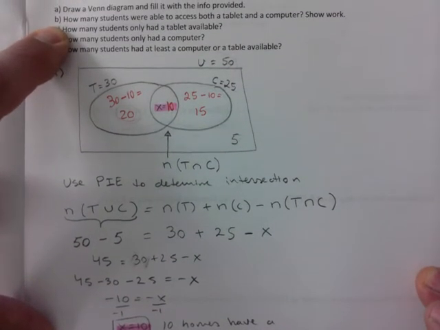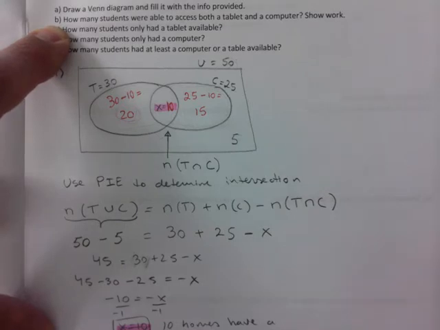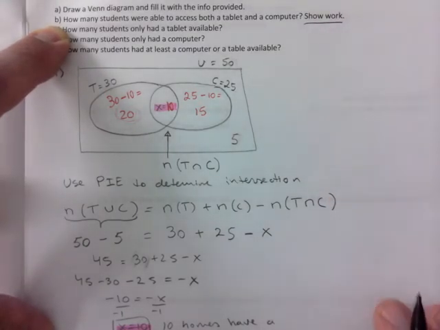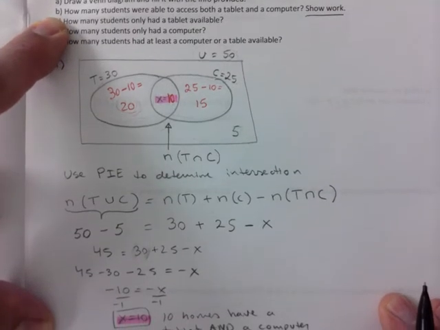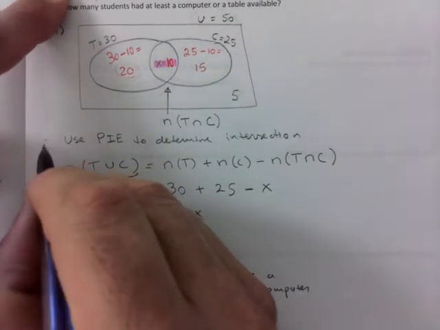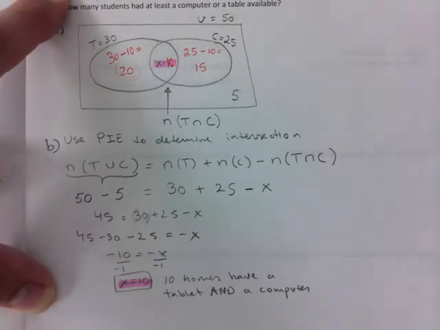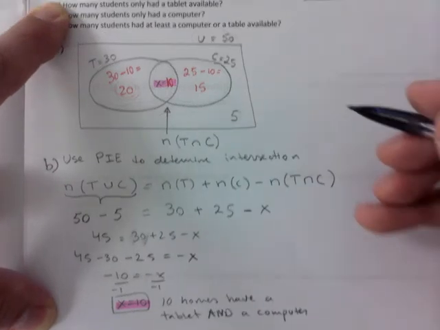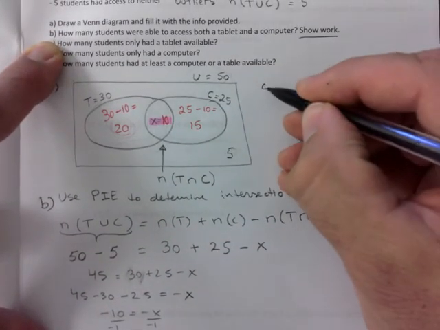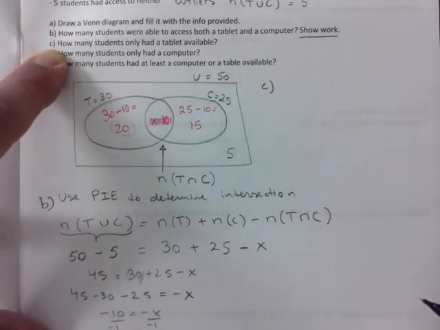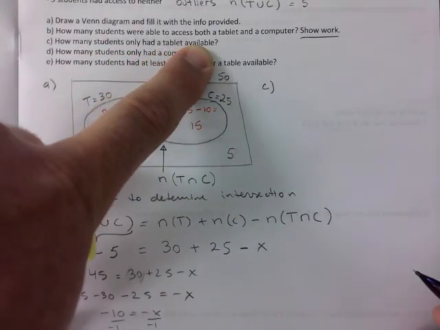How many students were able to access both a tablet and a computer? Show your work. I just did. So basically, when I did all of this, I answered B. So that's the longest piece, perhaps, for you. What about C? How many students only had a tablet available?